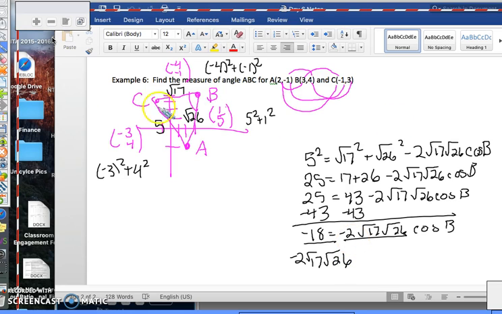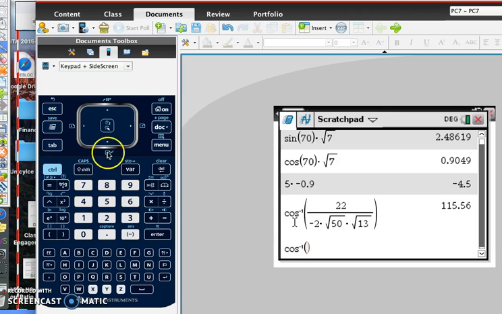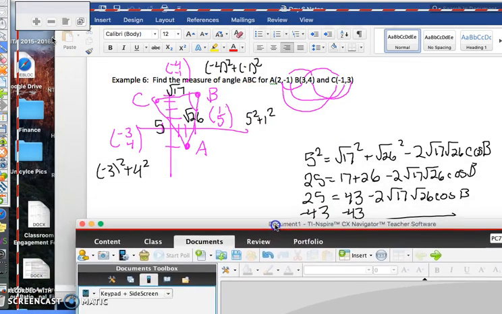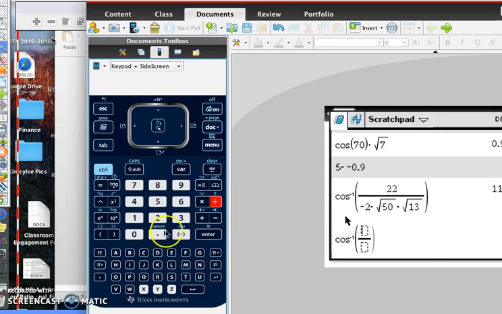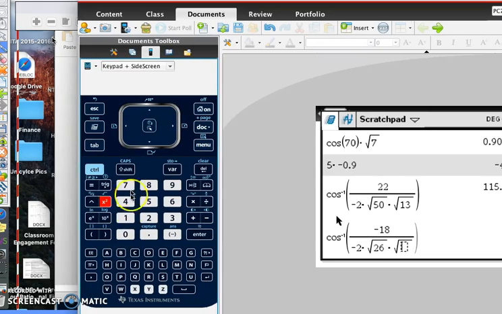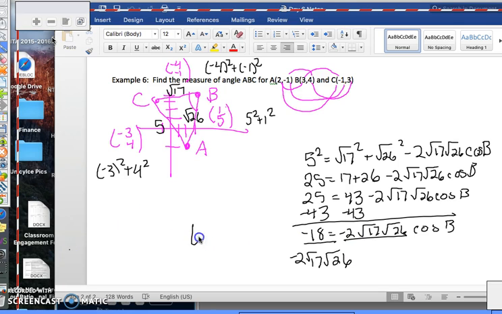And once again, we have to do that inverse cosine. So cosine fraction, and I am terrible at remembering what this was. So negative 18 over negative 2 times square root of 26 times square root of 17, so 64.7 degrees.